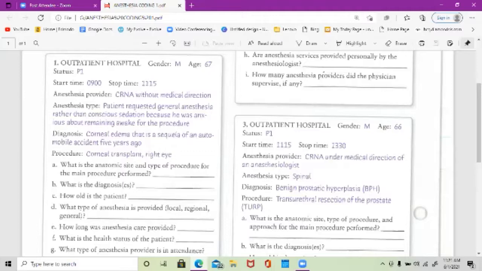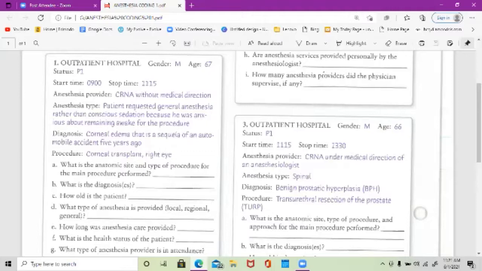Yes, but also it could be right cornea because of the corneal transplant. They're working specifically on the cornea of the right eye. Make sense? Yeah. Okay. What is the diagnosis? Corneal edema. Yes, corneal edema. Okay.